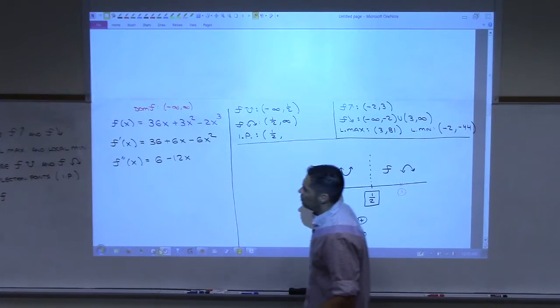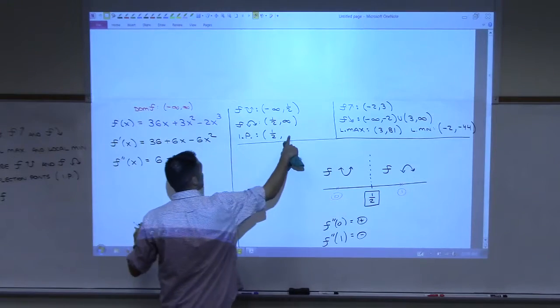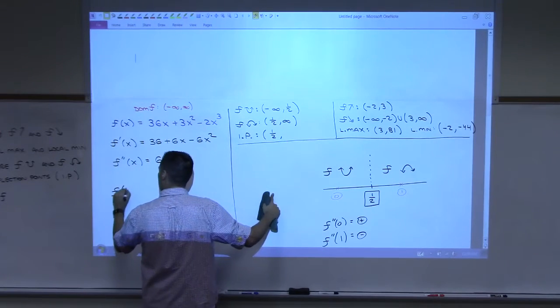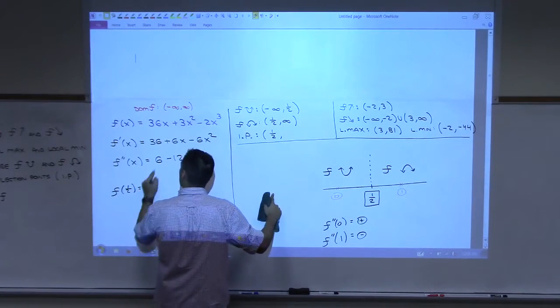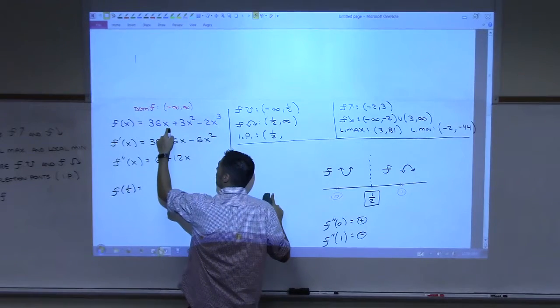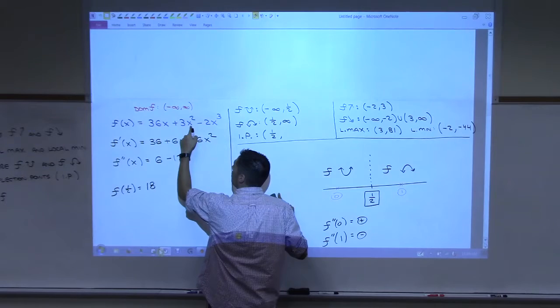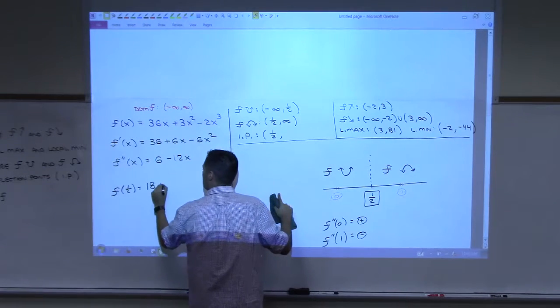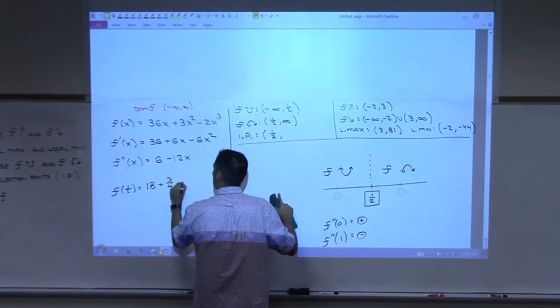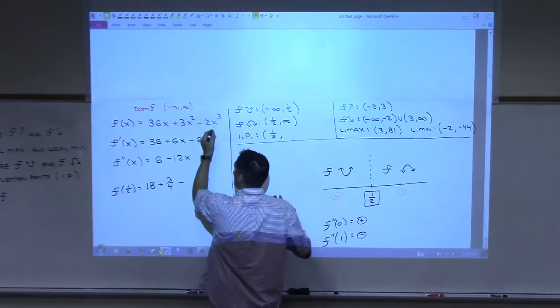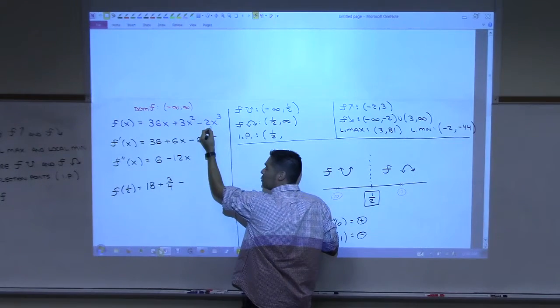And I'll do this one. To get the y-coordinate, I'm going to do f of 1/2, which is going to be 36 times half, which is 18. 1/2 squared is 1/4 times 3 is 3/4. And then minus 1/2 cubed is 1/8, times 2 is 2/8, which is 1/4.